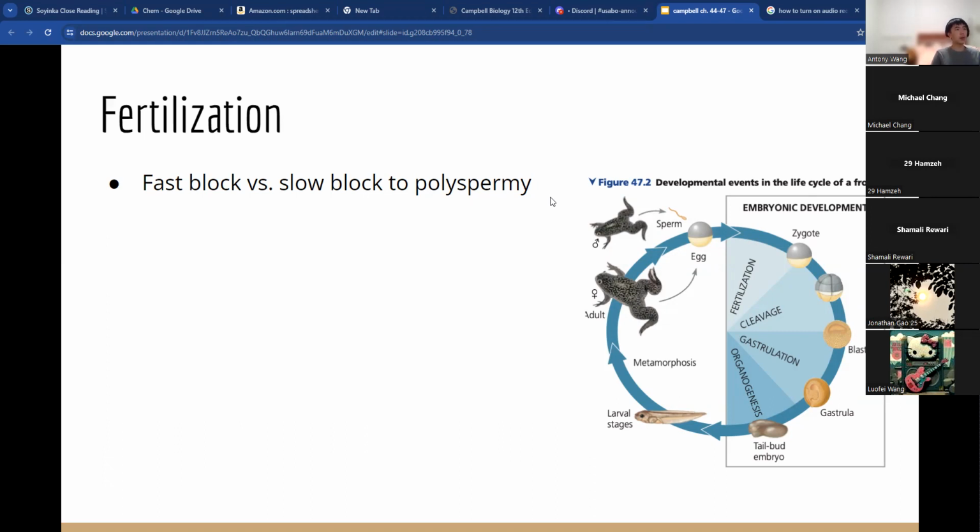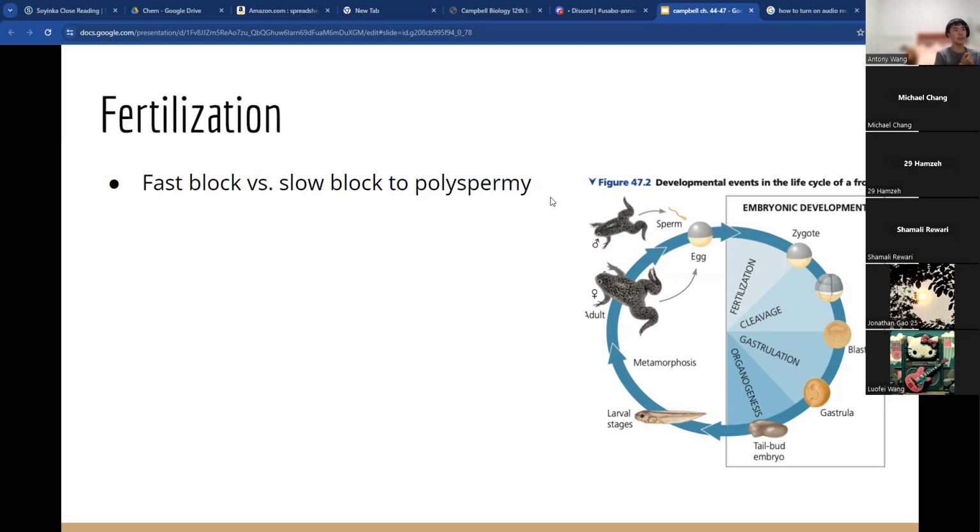Remember how I was talking about animals that spawn into water? They have more specific requirements for sperm to enter their eggs. They have more safeguards against these kinds of things.